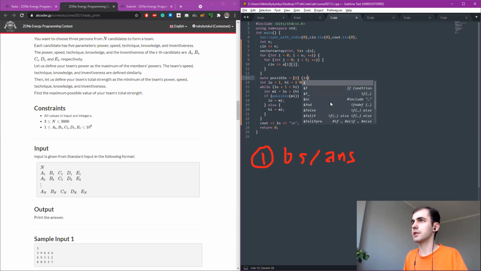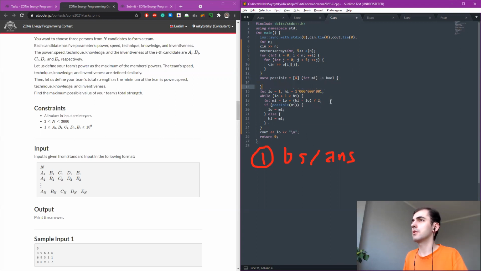And then here we want to define a function that takes in middle, possible, returns the Boolean value, and it will scan an array linearly. Like, what does it mean that it's possible to have strands of middle? It means that it is possible to assemble a team of 3 people so that their minimum speed, technique, etc. is at least middle.